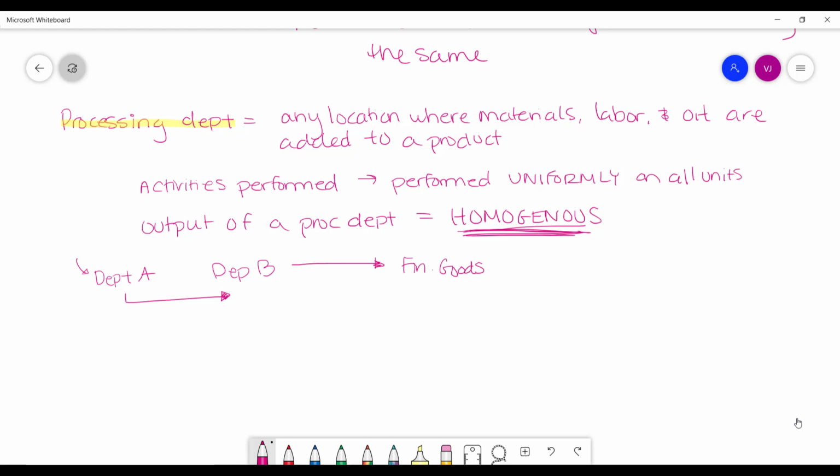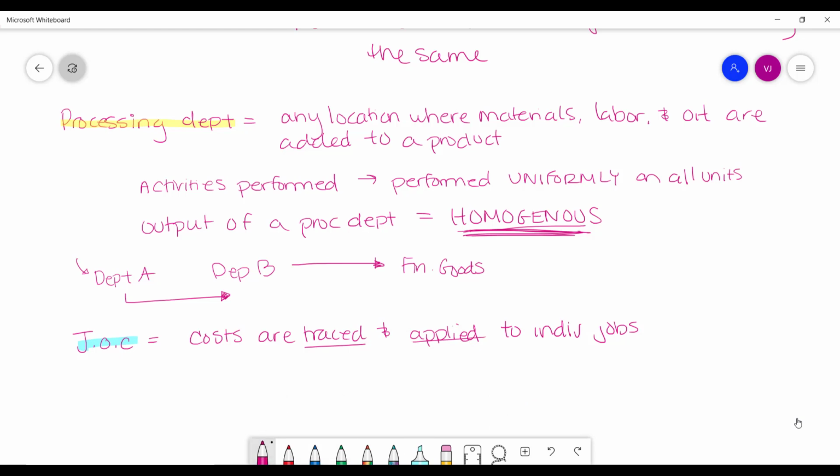So, to summarize here, with job order costing, costs are traced and applied to individual jobs, traced for those direct costs and applied for that manufacturing overhead. Okay?